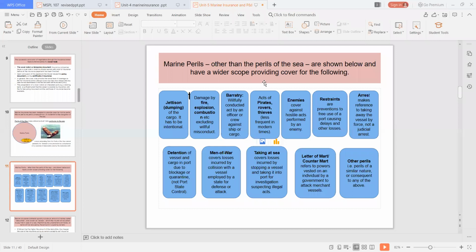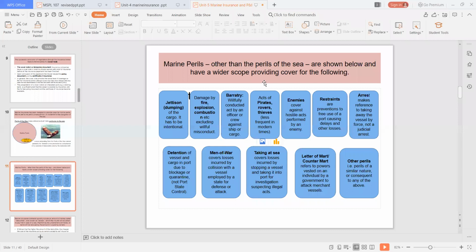Arrest makes reference to taking away the vessel by force, not a judicial arrest. Detention of vessel and cargo in a port due to blockage or quarantine. Men of war covers losses incurred by collision with a vessel employed by a state or by defense attack. Taking at sea covers losses incurred by stopping a vessel and taking it into port for investigation on suspicion of illegal acts.